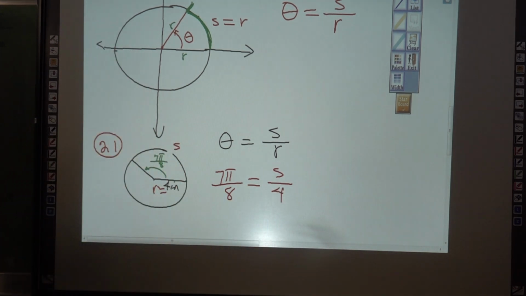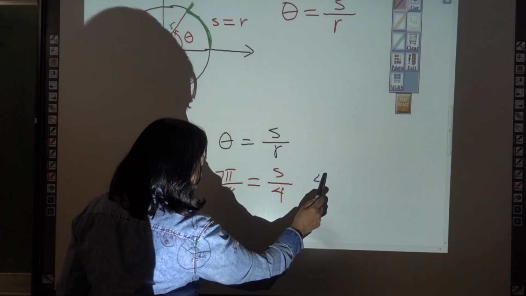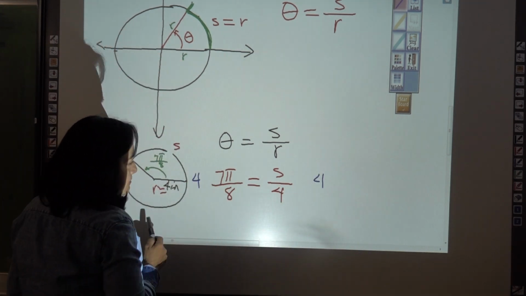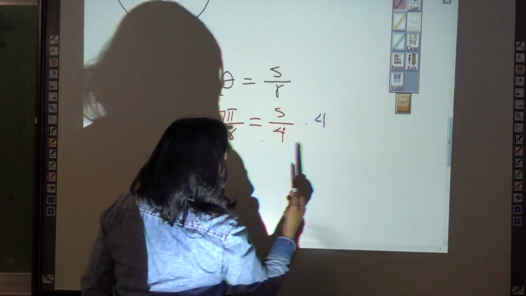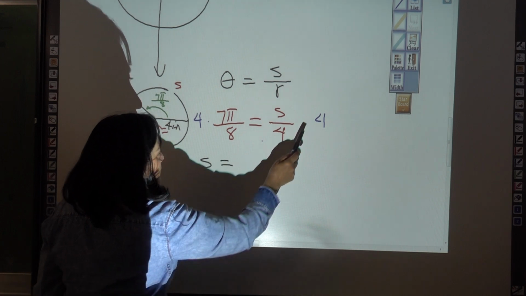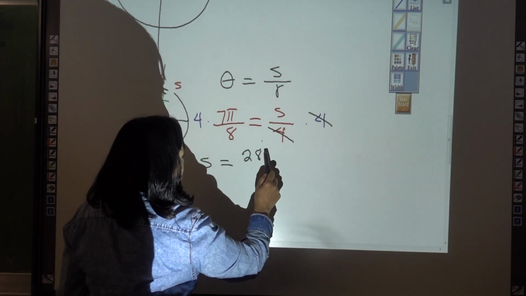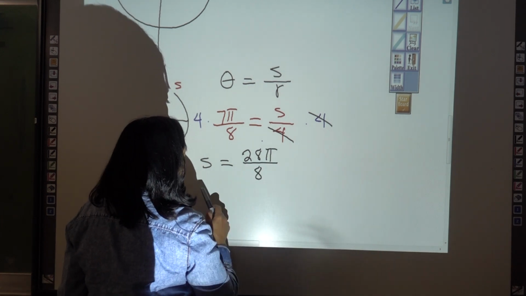So in order to find S, we multiply by the reciprocal of 1/4, which is 4, in both parts. So S is going to be, this cancels this, 4 times 7 is 28 pi over 8.